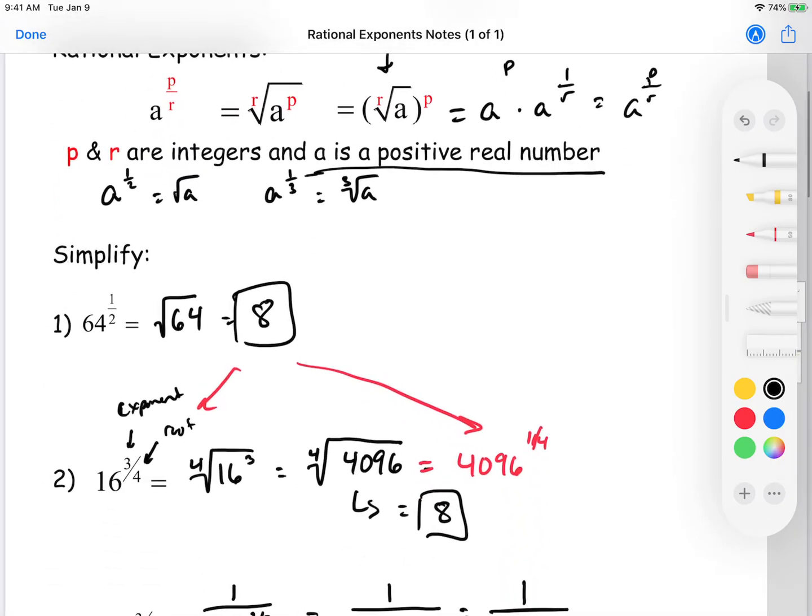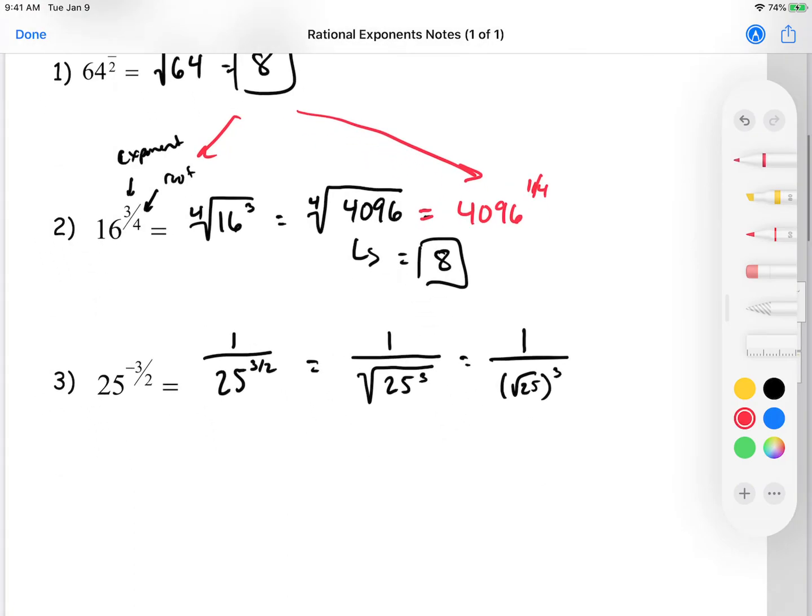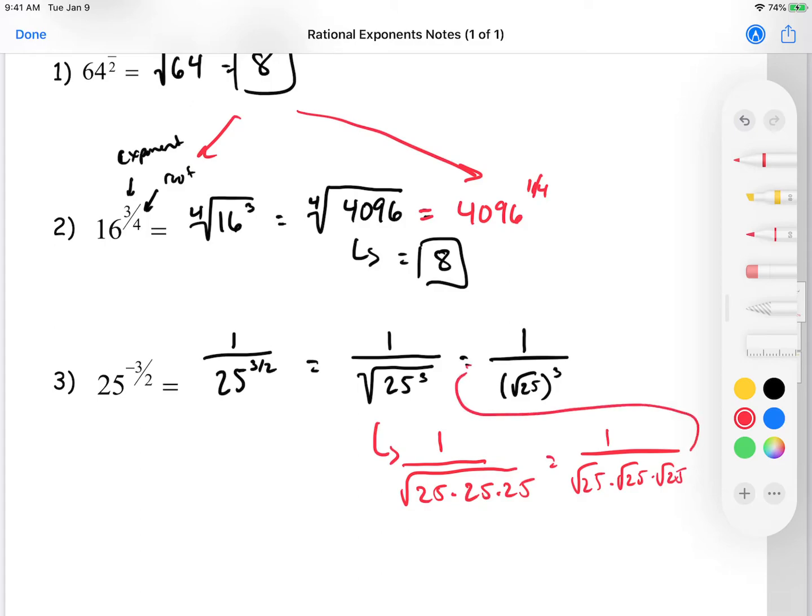And it is. The reason why that works, let me put this down here, is another way of thinking about this: this could be 1 over the square root of 25 times 25 times 25, which is equal to 1 over the square root of 25 times the square root of 25 times the square root of 25, which of course equals that.